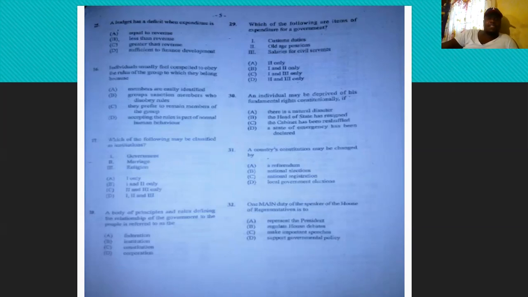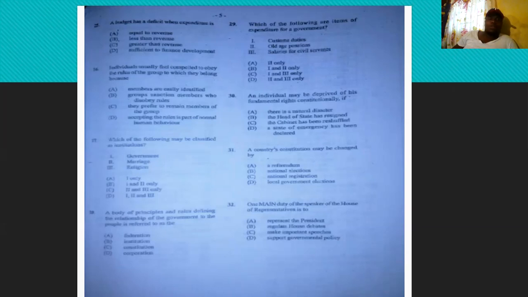Members are easily identified, so they might want to obey the rules, and accepting rules is part of normal human life for some people. But for a lot of us, it's not normal to accept rules; we accept them because of B, groups sanction members who disobey rules. If there were no sanctions, many of us, including myself, wouldn't obey a lot of them. So the answer is B. That's the best answer.